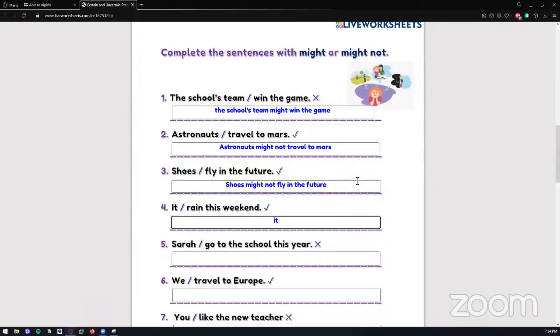It might rain this weekend. Sarah might go to school this year.